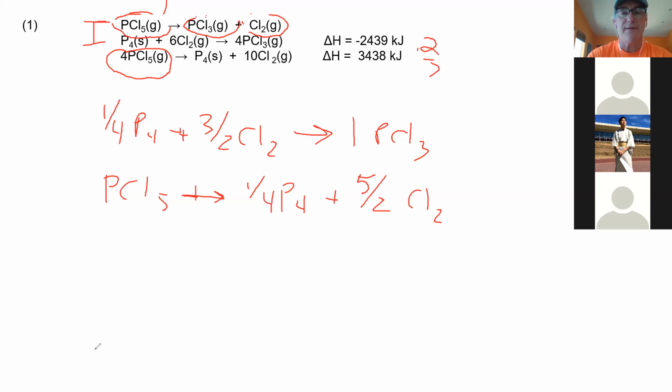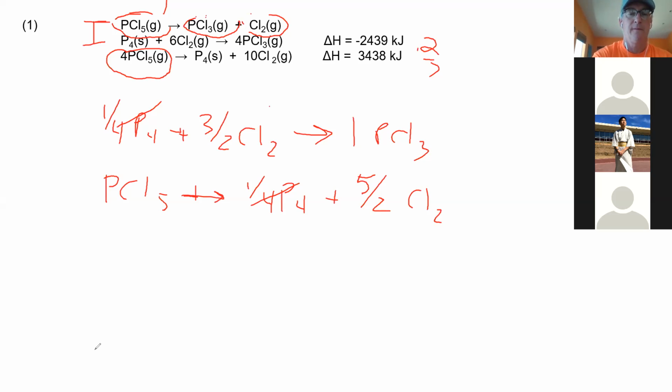All right, so let's add those together. So I have 1/4 P4 on both sides. Get rid of that. I've got 3/2 chlorine on one side, and I've got 5/2 on the other. So what's my net number of chlorines? 1, on the product side.